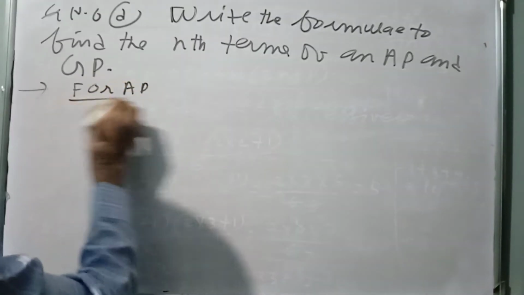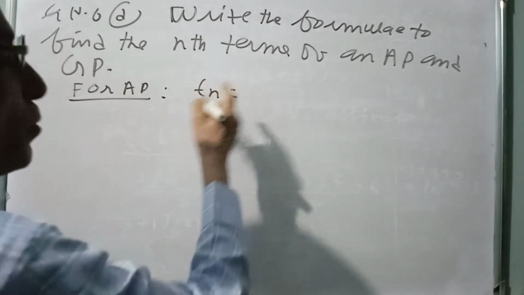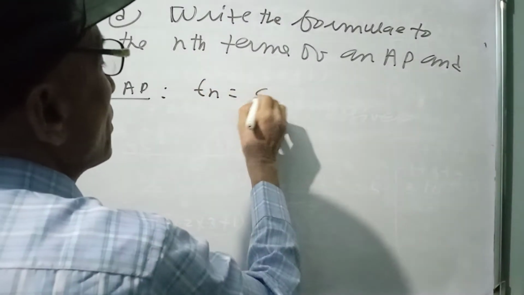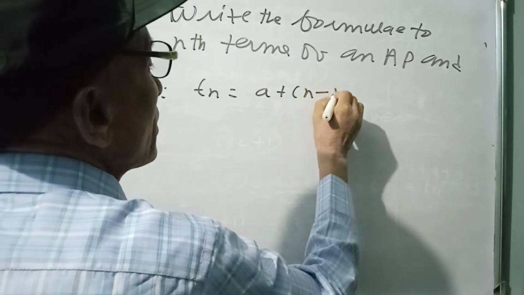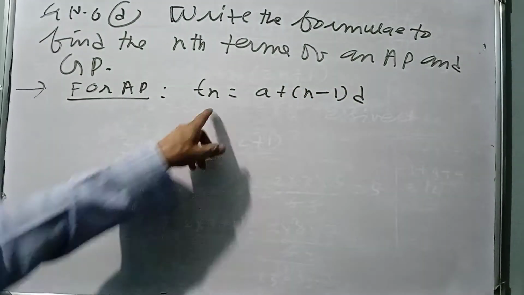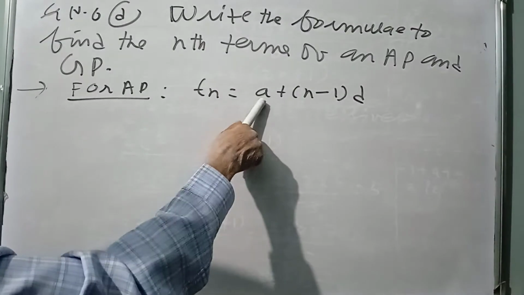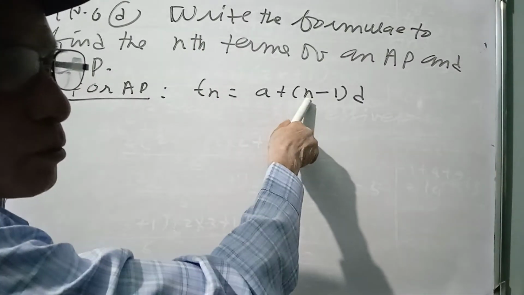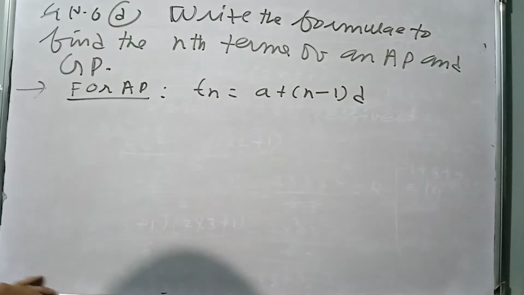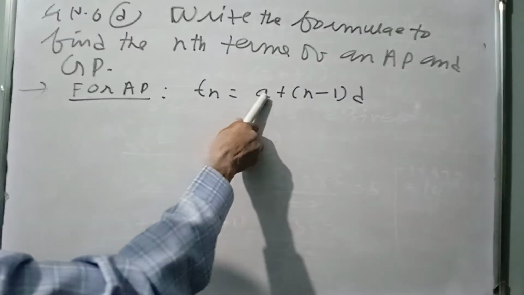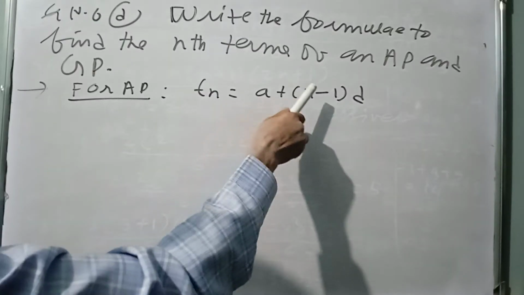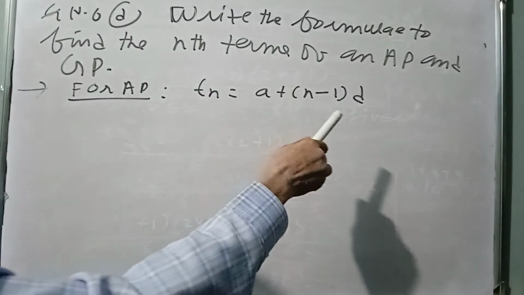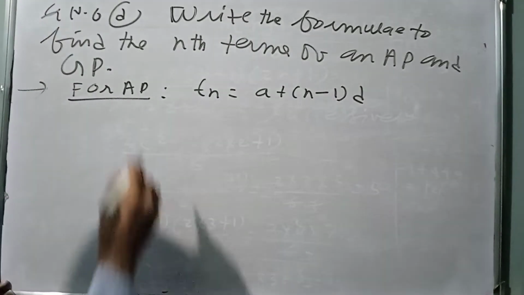For arithmetic progression, what is the formula to find the nth term? Tn equal a plus n minus 1 into d, where Tn is the nth term, a first term, n number of terms, d common difference.